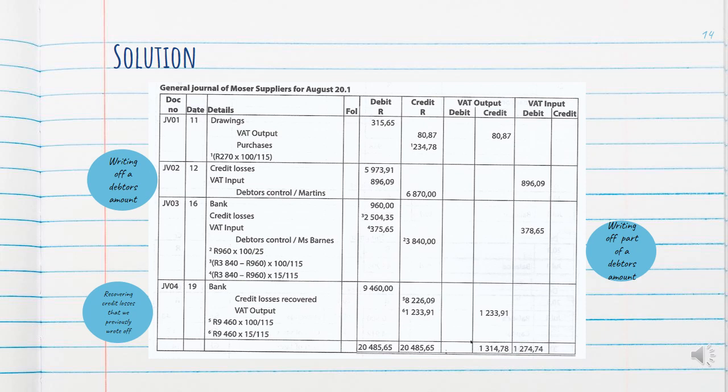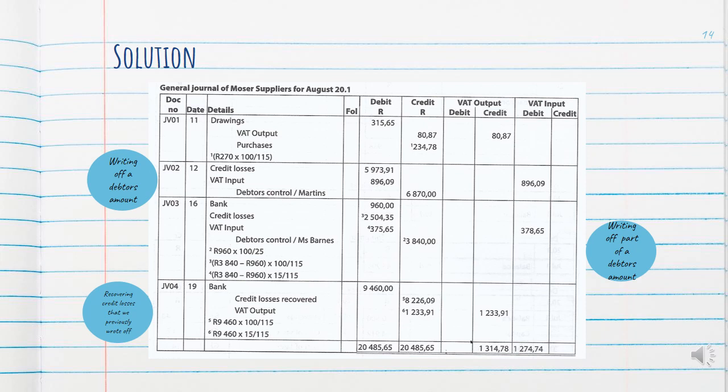So remember, when the debtor, so we are looking at Martin's now, so transaction number 2, when Martin's bought the goods, say Martin's bought 50 chairs from us, right? We recorded that as a sale and as VAT output.